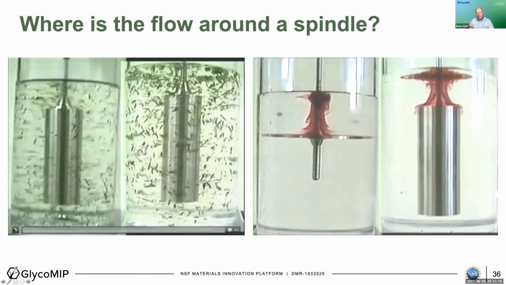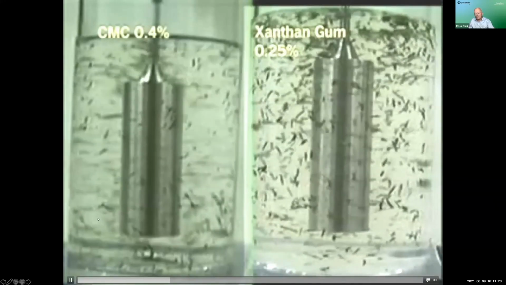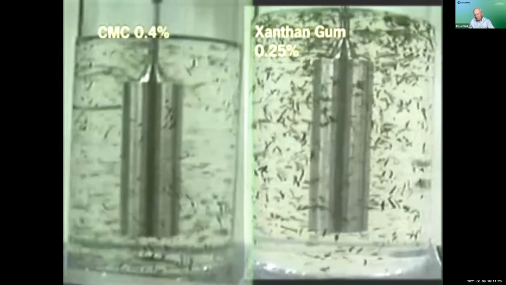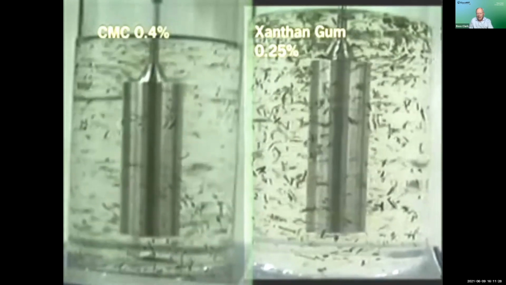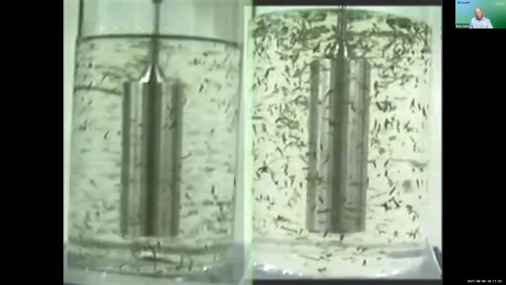Again, Blake showed you that diagram, and I'm going to share it again too, of what happens in Couette flow. But let's take a spindle in a carboxymethyl cellulose, a relatively non-pseudoplastic material, and xanthan gum. And can you see what's happening there? All of my marker particles are flowing.